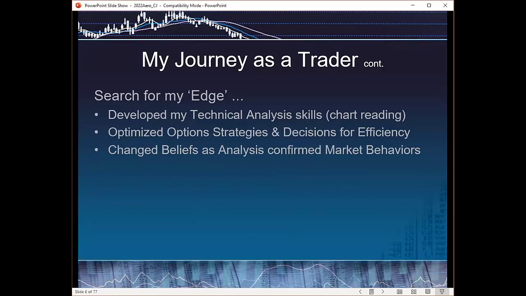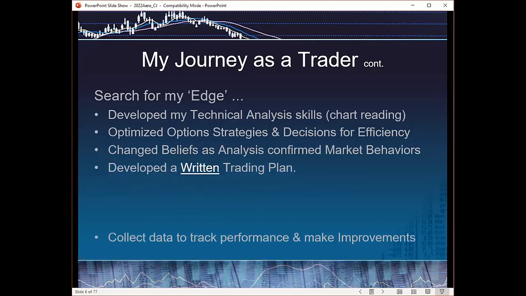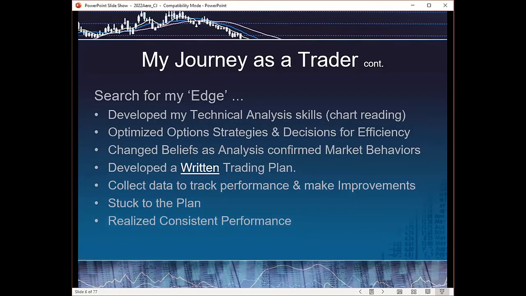And then also there was an analysis of my beliefs about the markets and what market behaviors did or did not agree with my beliefs. And in some cases, I had to change my beliefs.